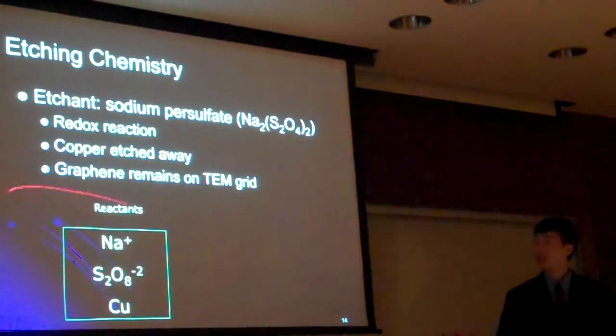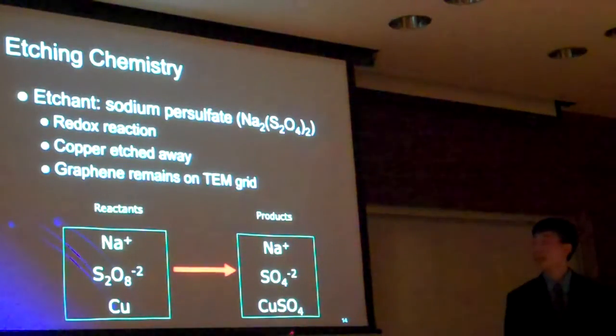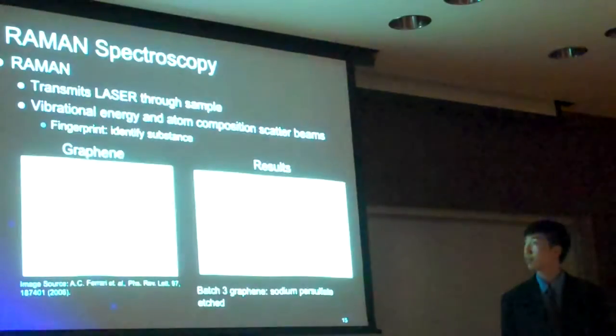So your reactants are these. And then afterwards you get these etched products. So the sodium is a spectator ion, doesn't really do anything. But the persulfates break into sulfates, which stay in solution. And the copper gets attached to a sulfate, and that takes away the copper. So you're left with a TEM grid that has just the graphene.